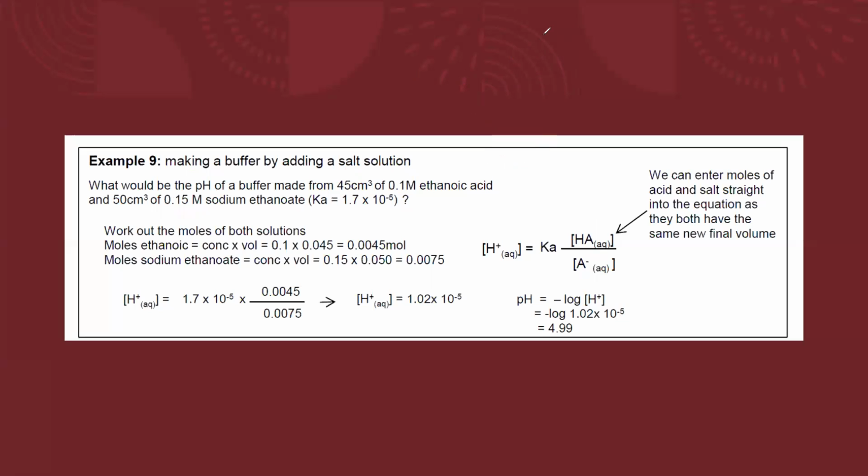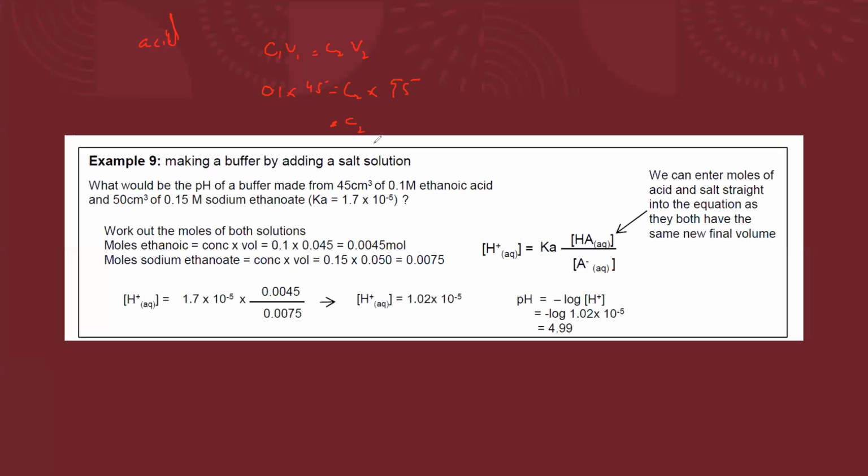Otherwise, as we want to use the formula to find the hydrogen ion concentration, we need the new concentrations. How can you get the new concentration? You have the formula C1V1 equals C2V2. To find the new concentration of acid, the original concentration is 0.1, the original volume is 45, the new concentration I don't know, and the new volume, because we mixed the salt solution with the acid, 45 and 50, is 95.